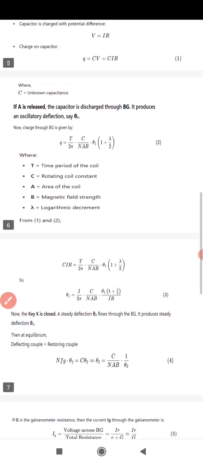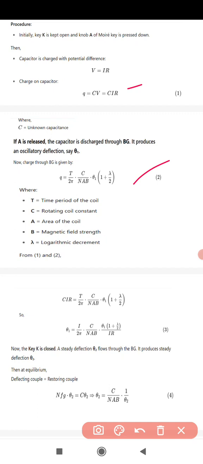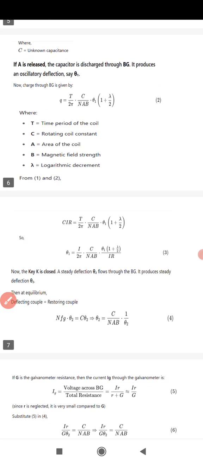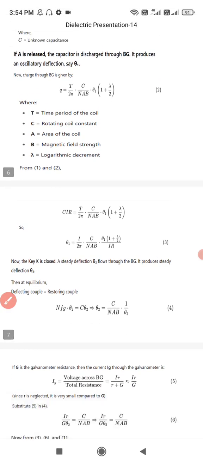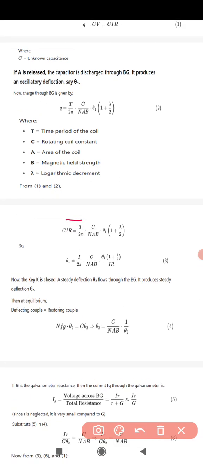So, from equations 1 and 2, the left hand side will be the same. Therefore, equating the above equations, we get CIR is equal to T divided by 2 pi into C divided by NAB into theta 1 into (1 plus lambda by 2).